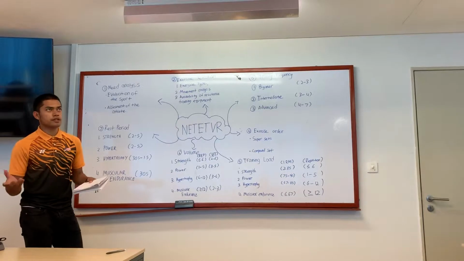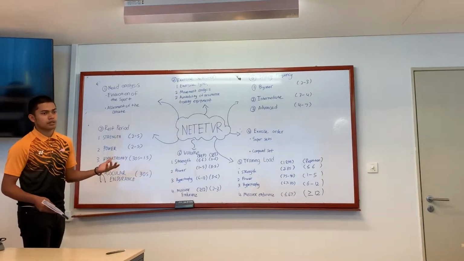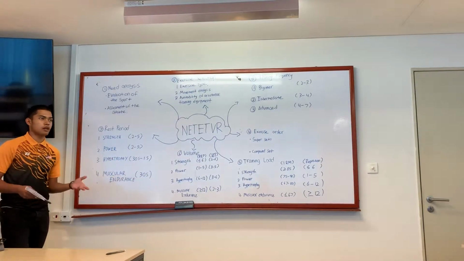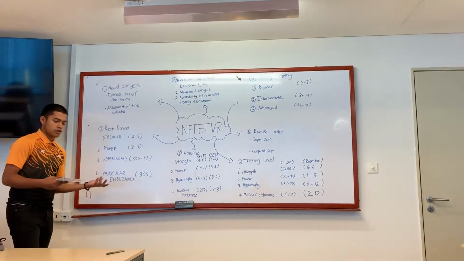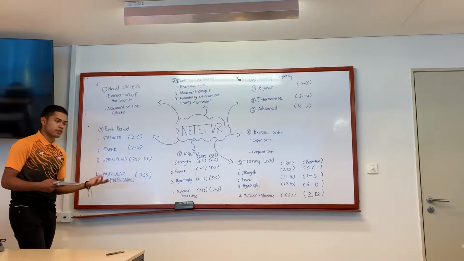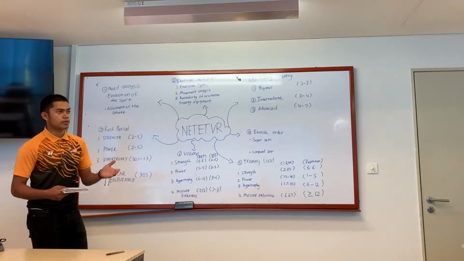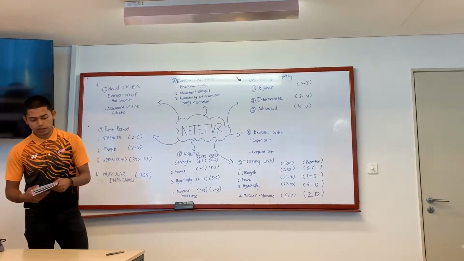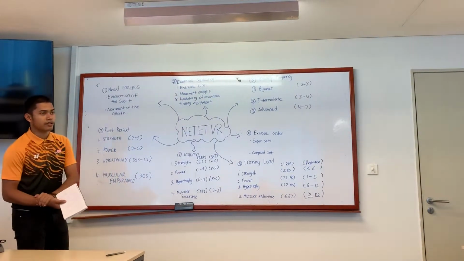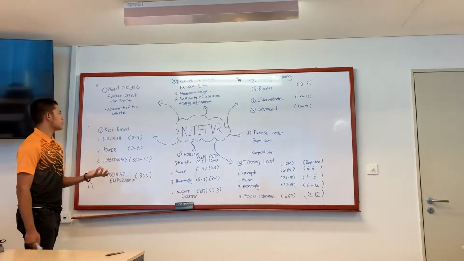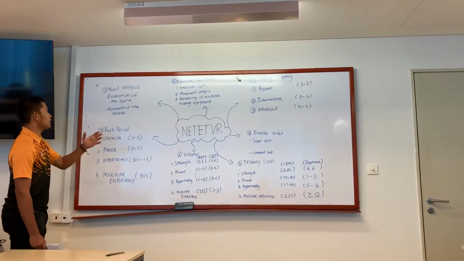Or before this, does our client or athlete have a training program themselves, and the length of the previous training program that they had before, and the degree of the exercise that they can do. Next, assessment of the athlete.